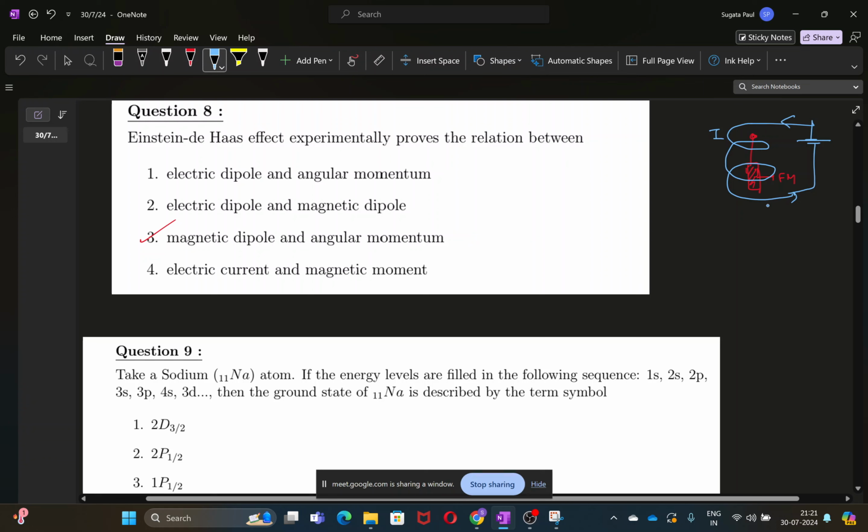And because current flow produces a magnetic field, the current flowing inside the loop in a particular direction will produce a magnetic field inside, and that will magnetize the ferromagnetic material kept inside. And on the ferromagnetic material you have an optical mirror placed, which is set there to detect the rotation of the ferromagnetic object.